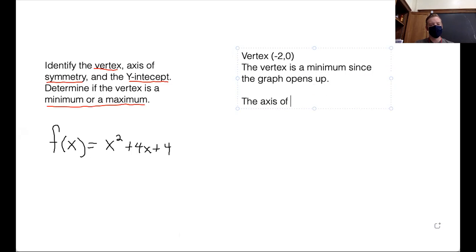The axis of symmetry is x equals -2 because it's the x value from our vertex. And the y-intercept is the point (0, 4).